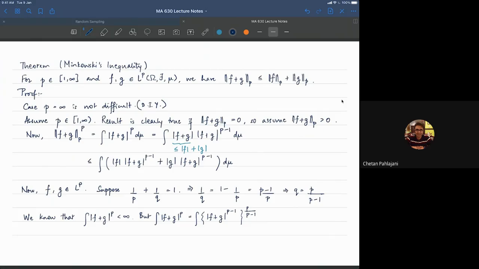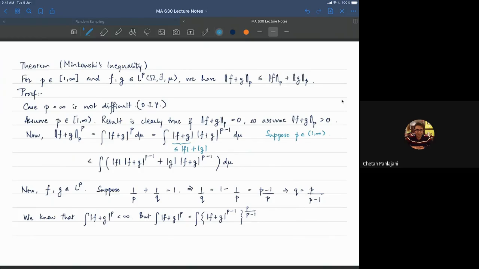As we're going through this, I think that there may be some subtle things going on if p is 1. So here, let me take care of the case p equals 1 later. So suppose p is in (1, infinity).